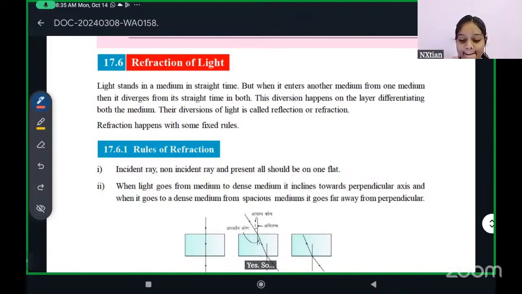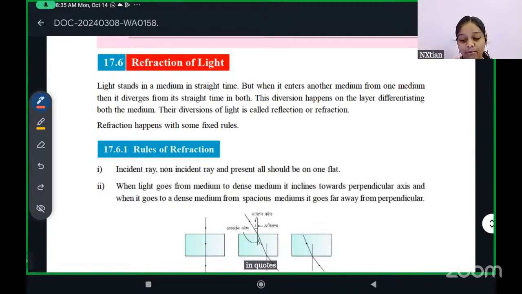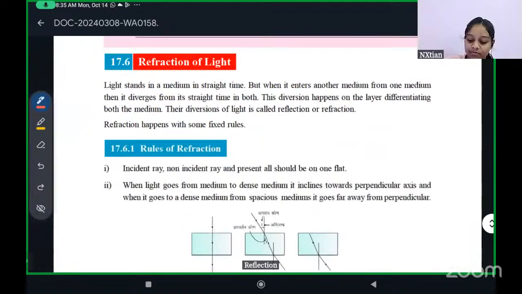So light stands in a medium in straight line, but when it enters another medium from one medium, then it diverges from its straight line in both. This diversion happens on the layer differentiating both the mediums. The diversion of light is called reflection or refraction. Okay? Reflection or refraction.